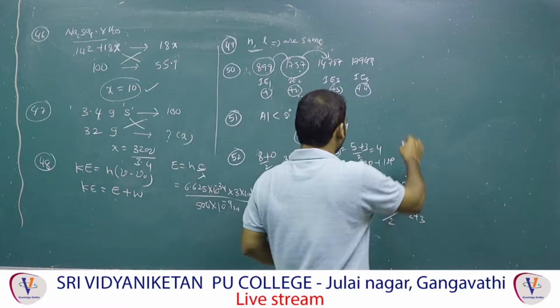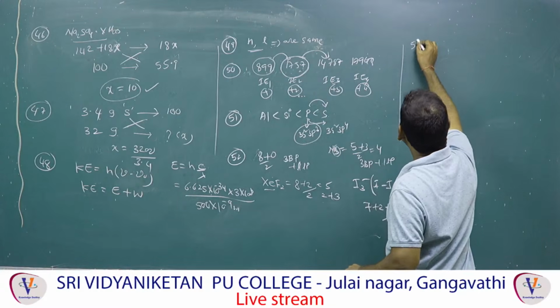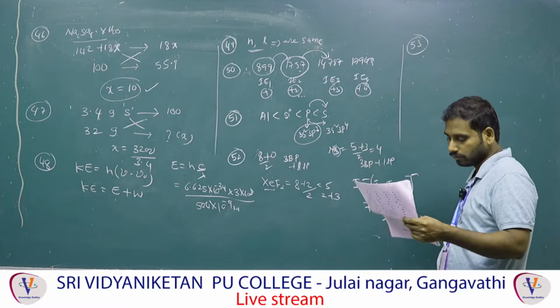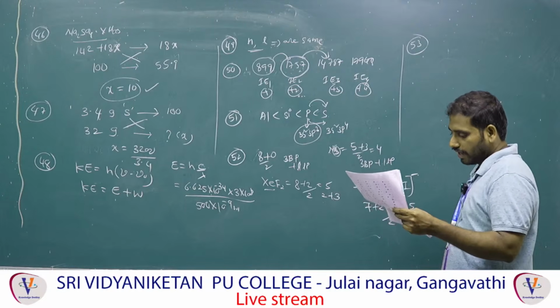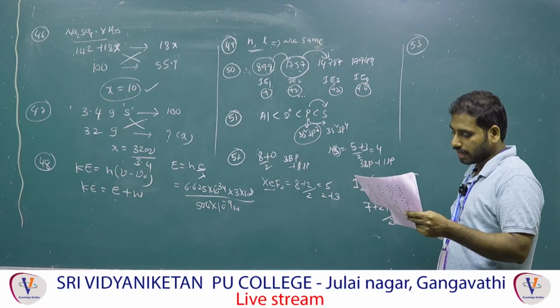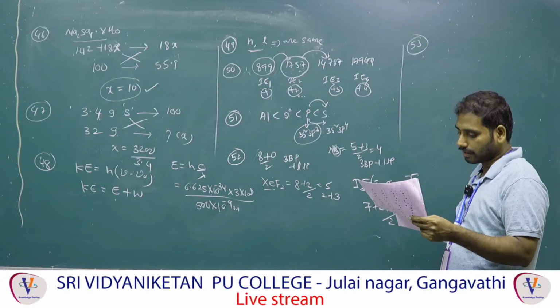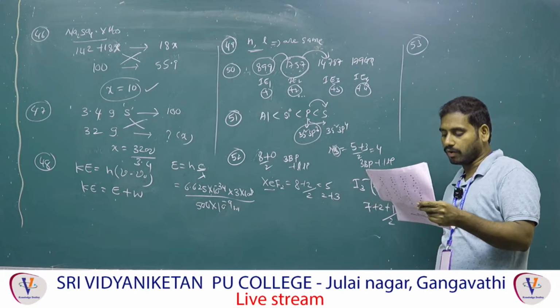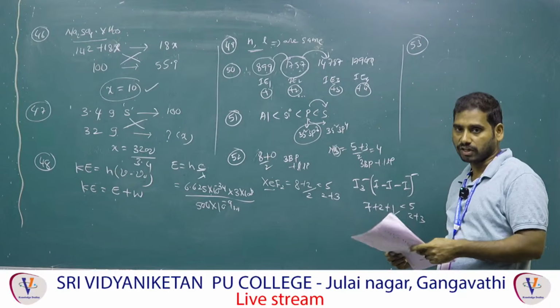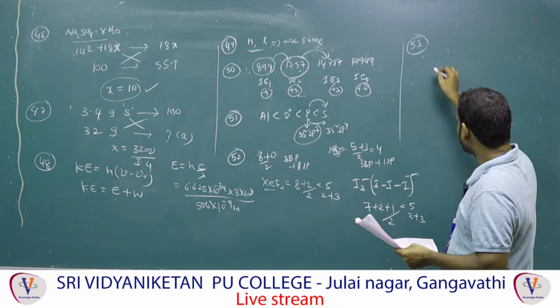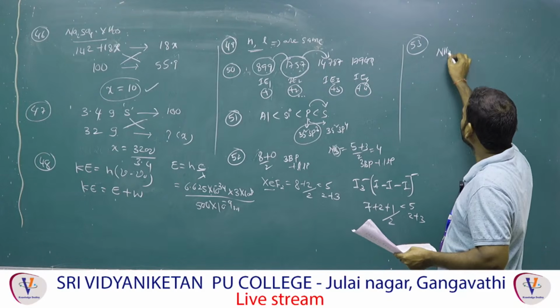Next one. Question number 53. Statements about the molecules or ions, identify the correct statements. The dipole moment value of NF3 is higher than that of NH3. That is wrong. NH3 is more than NF3.